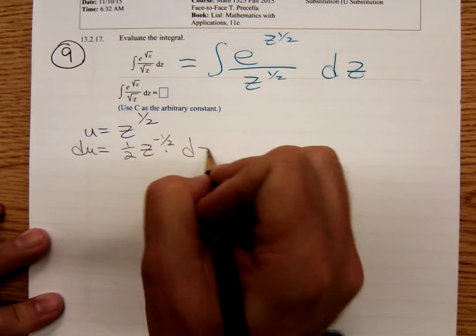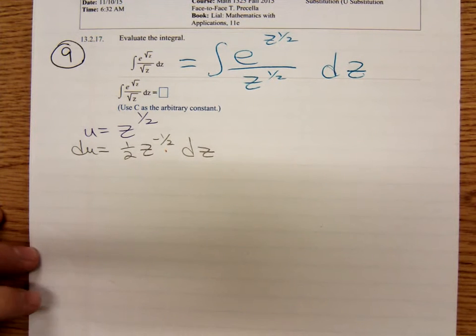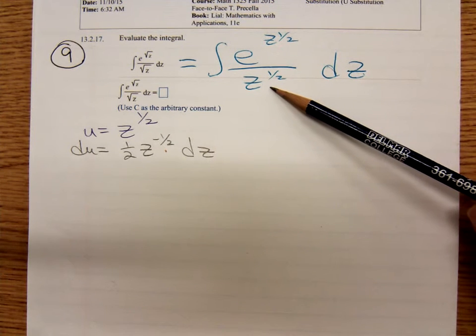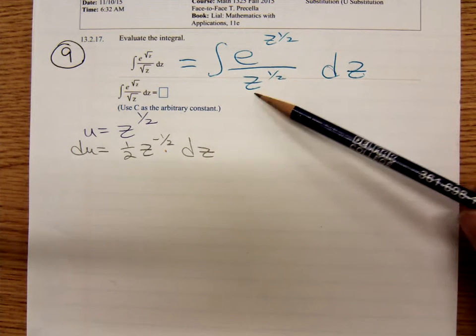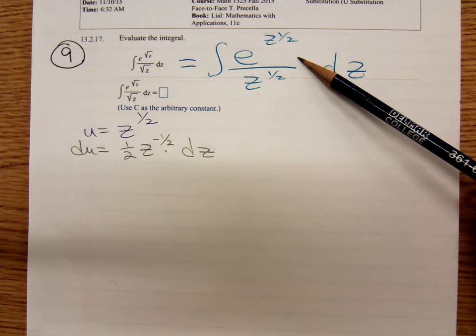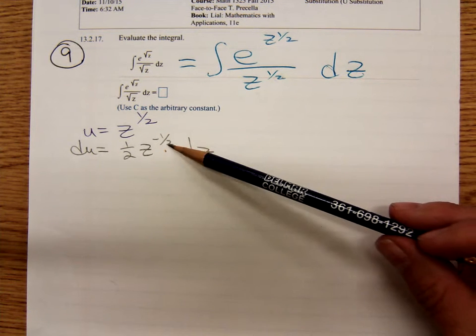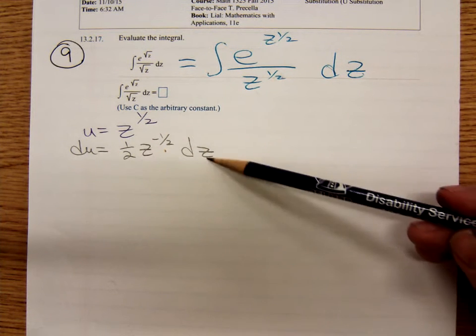Okay. And you know something, it might be more obvious if, in the original problem, we picked up that z to the 1/2. If we moved it up top, what would happen to that exponent? It'd become negative, so we'd pick up the z to the negative 1/2 at least, and we have the dz.